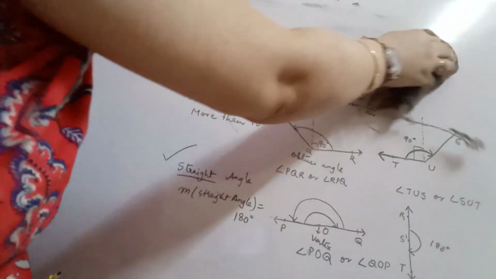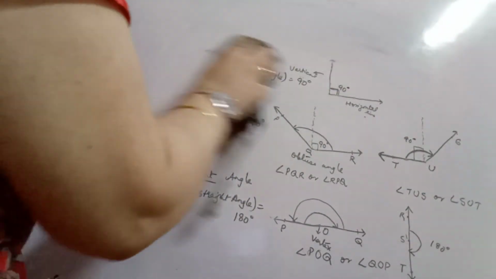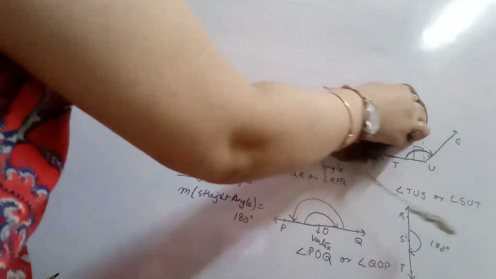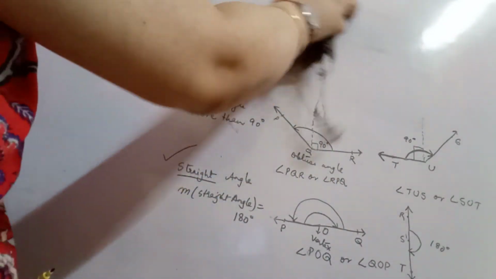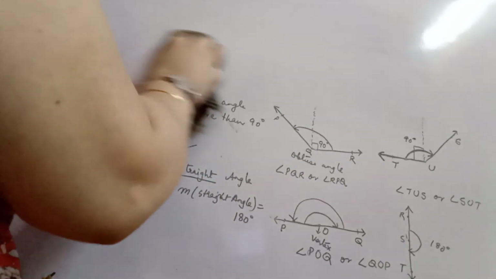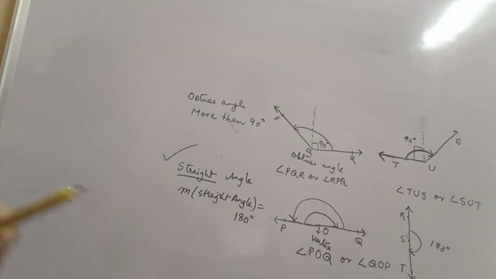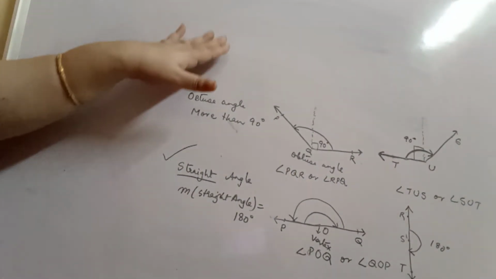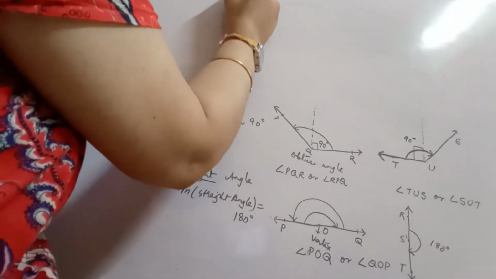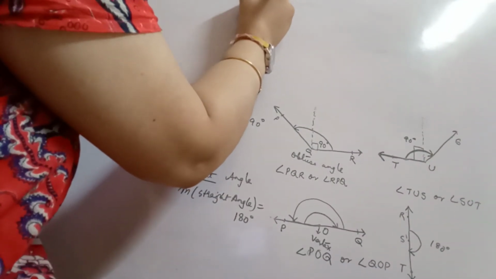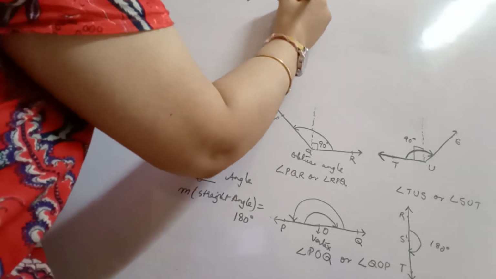And then comes the next type of angle, the most important and still least known to the students, that is the reflex angle.